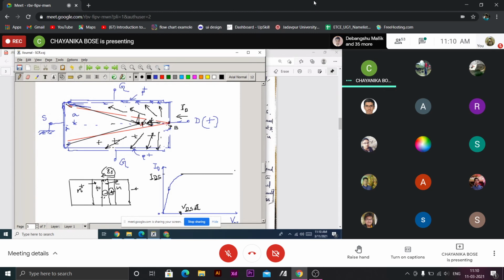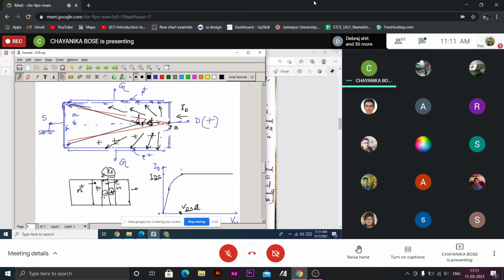So this resistance is no more a constant. So it is also a function of the applied bias. So we get the nonlinear region. The increase of ID current is now less for equal increase of Vd. So it is a sublinear region.